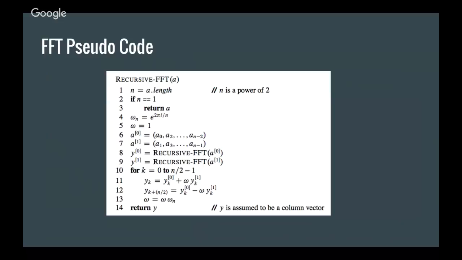So basically line 11 adds this product to yk of 0, and line 12 subtracts it, because we use each factor omega raised to the k of n in both its positive and negative forms. And we call the factors omega raised to the k the twiddle factors.